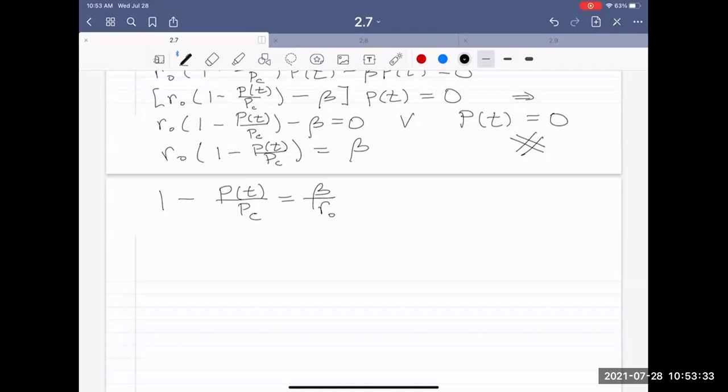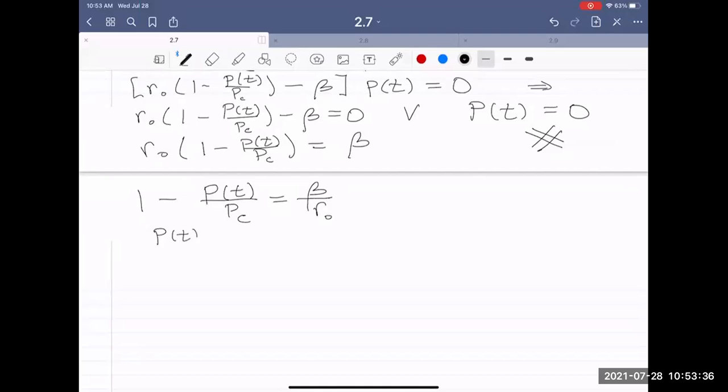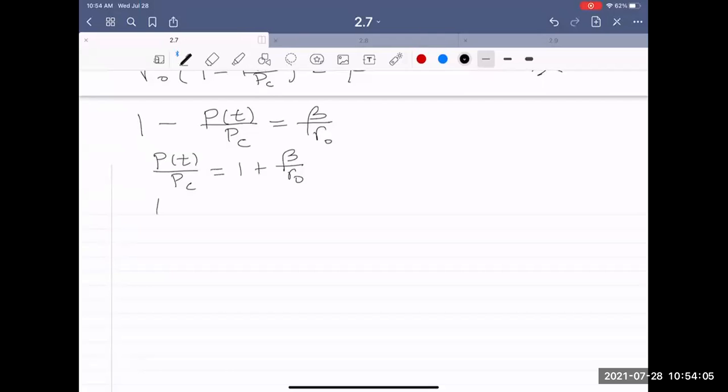And so I have that P of t over P sub c is equal to 1 minus beta over R sub 0. Okay, so let's multiply both sides of my equation by P sub c. And so I have that P of t is equal to P c, the carrying capacity, times 1 minus beta over R sub 0.